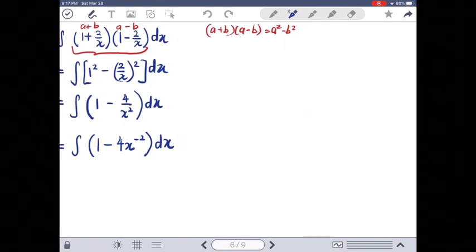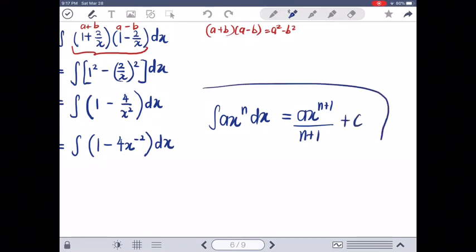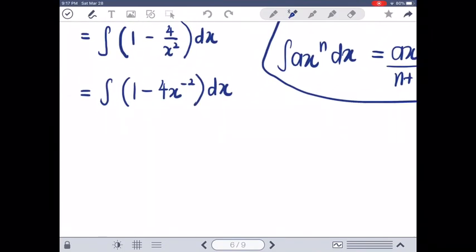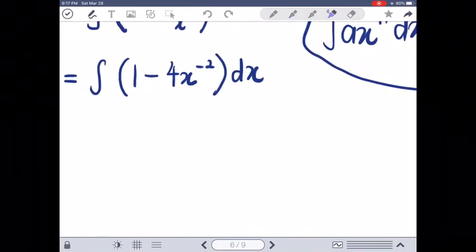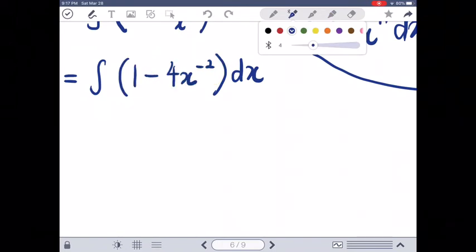And remember, if we want to integrate ax to the power of n with respect to x, it equals ax to the power of n plus 1 over n plus 1 plus c. Apply this formula here. Okay, again, when we have two terms, the first term and the second term, do integration individually on each term.